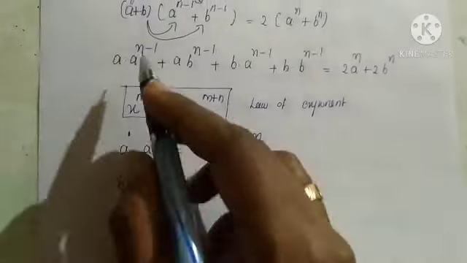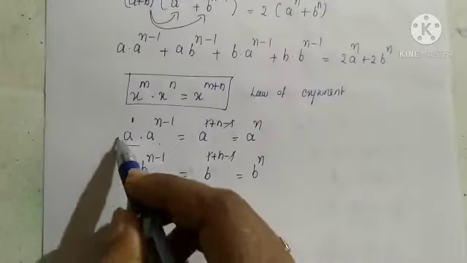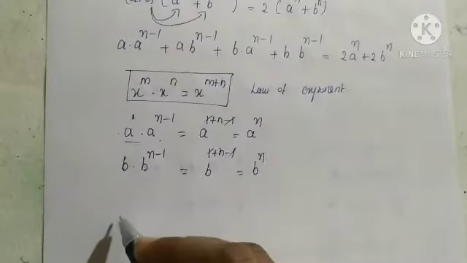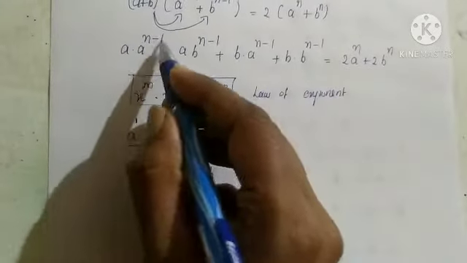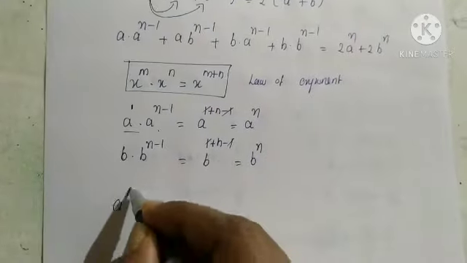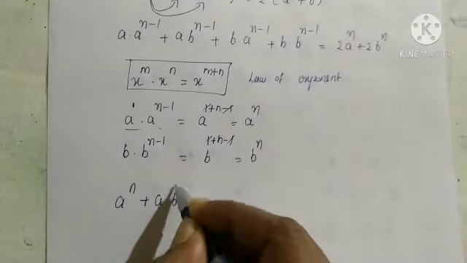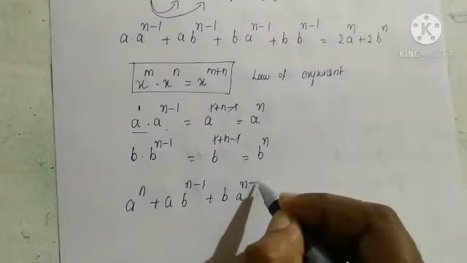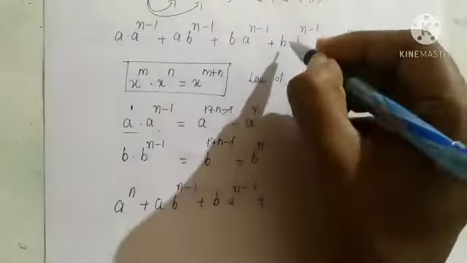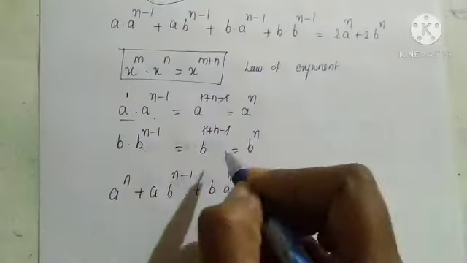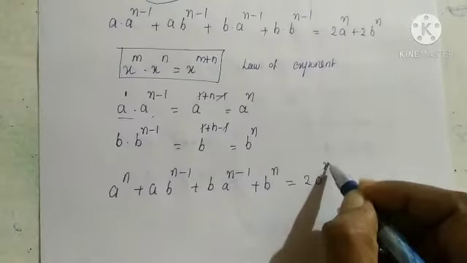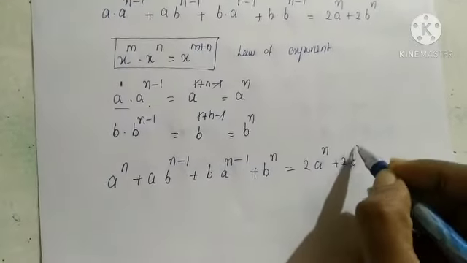Okay, so next I am going to replace these two things by a raised to n and b raised to n. We get a into a raised to n minus 1 changes to a raised to n, plus a into b raised to n minus 1, plus b into a raised to n minus 1, plus this b into b raised to n minus 1 changes to b raised to n, equal to 2 into a raised to n plus 2 into b raised to n.